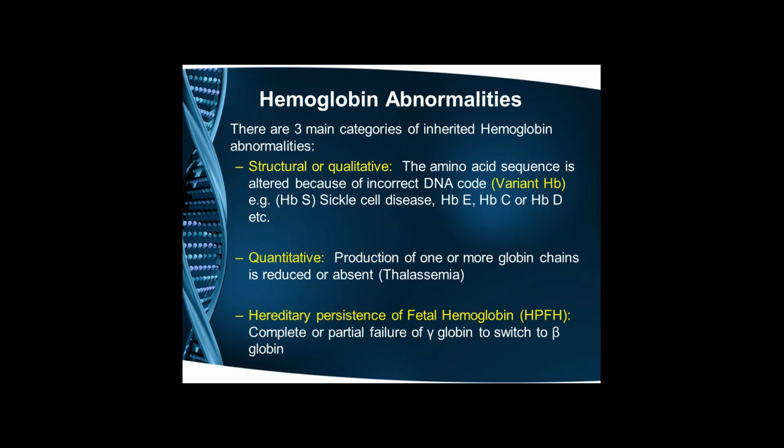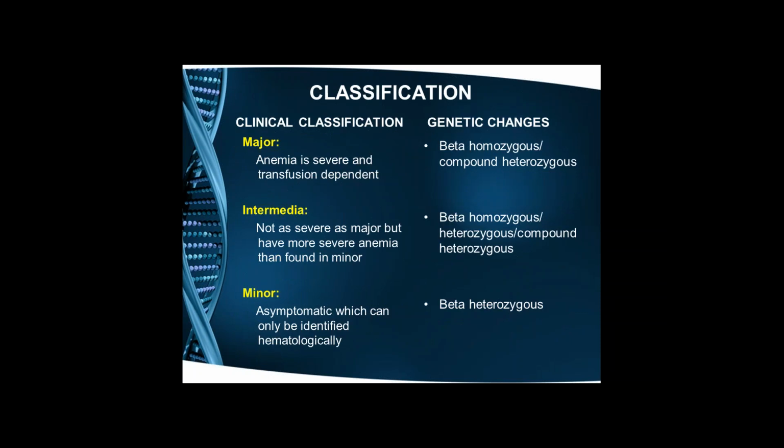So the structural or the qualitative defects are the ones like sickle cell, the HbS, in which there is a change in the whole structure, and the quantitative defects are the ones like thalassemia, in which one of the chains is reduced in production, like the alpha chain or the beta chain, depending on whether it's an alpha thalassemia or the beta thalassemia. Next slide.